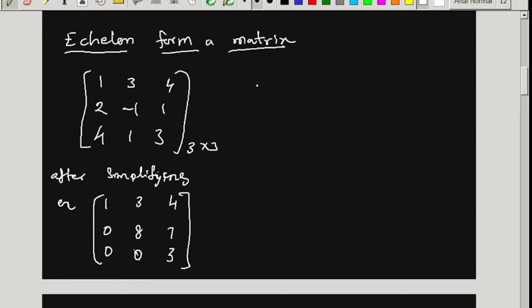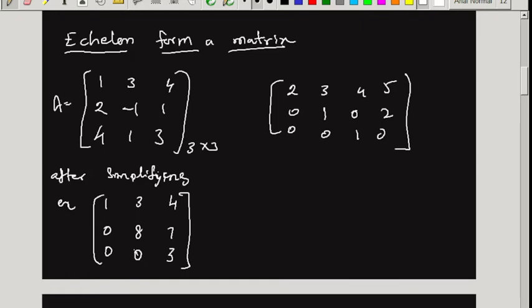Suppose you have a 4 cross 3 matrix of this form, this is A, and we can write it as 2, 3, 4, 5; 0, 1, 0, 2; 0, 0, 1, 0.